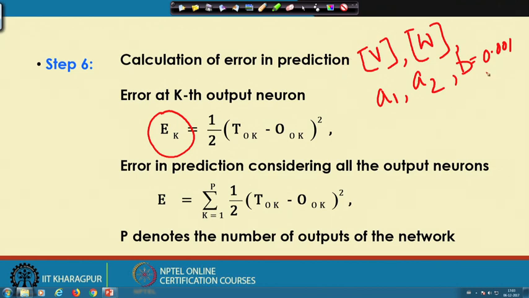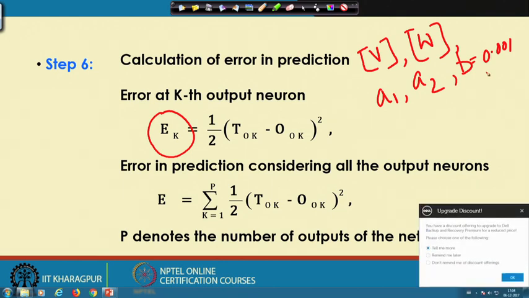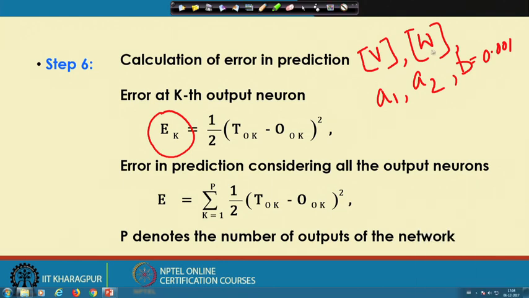So, these are all design variables, and if I want to get the optimal network corresponding to which I will get the minimum error in prediction, I will have to use the principle of optimization to derive or evolve this network. This error is a function of so many variables.